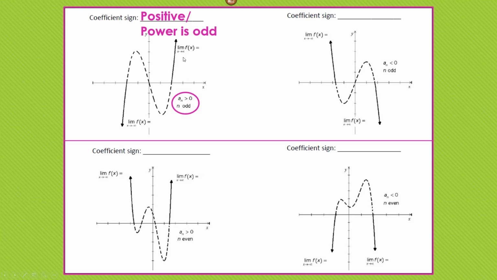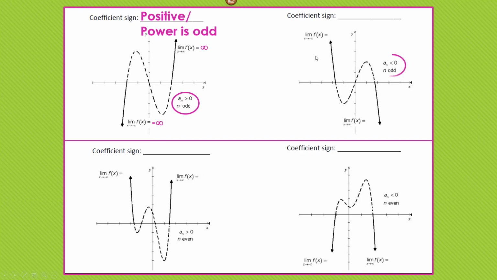So as x approaches infinity, f of x goes to infinity. As we're getting x larger and larger, so is y. And as x approaches minus infinity, f of x is going to go to minus infinity. That's what happens when the leading coefficient is positive and the power is odd.